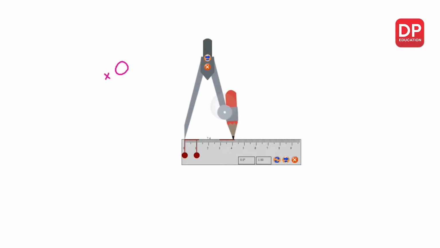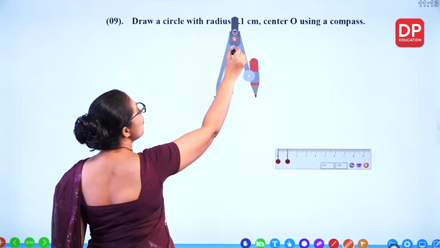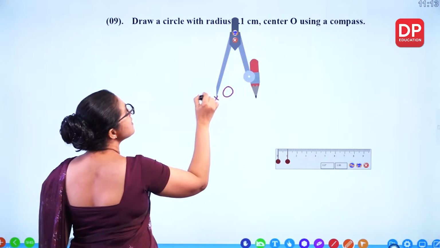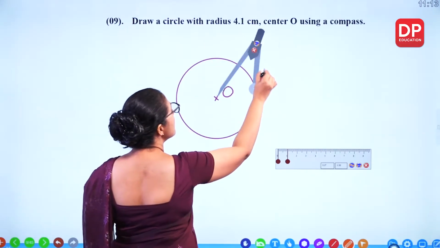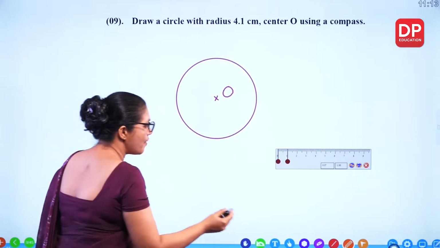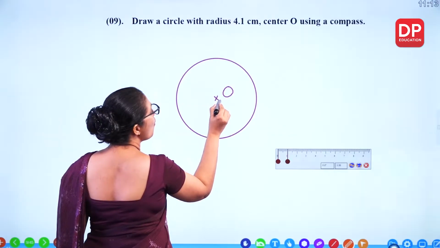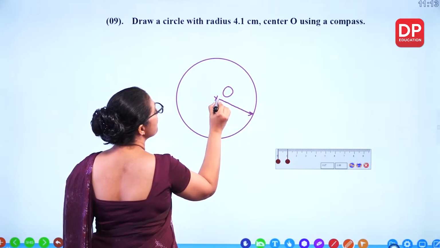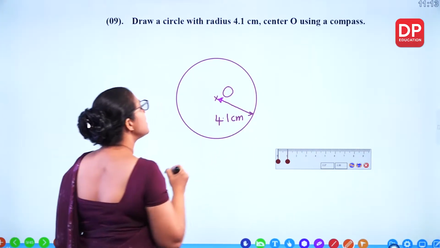Now you can draw the circle. So keep on top of the point O, hold it tightly and then draw the circle with radius 4.1. Now here to here is 4.1 centimeters.